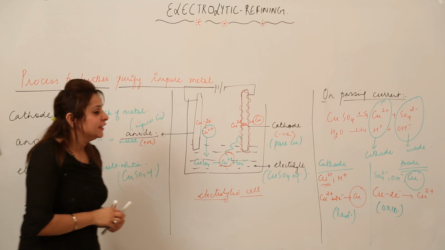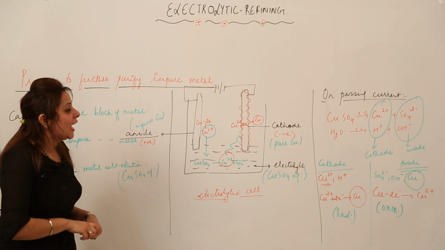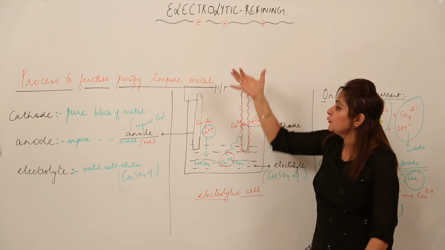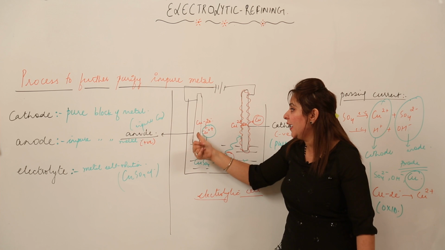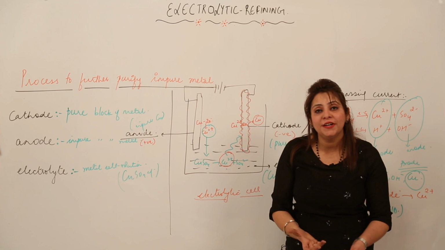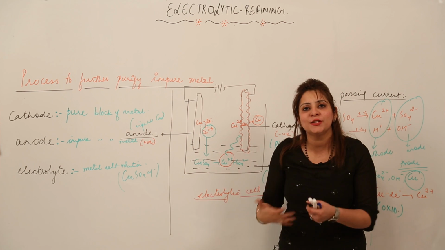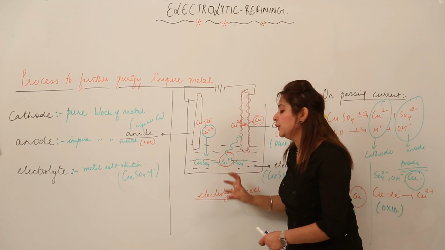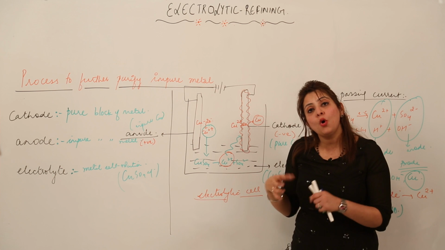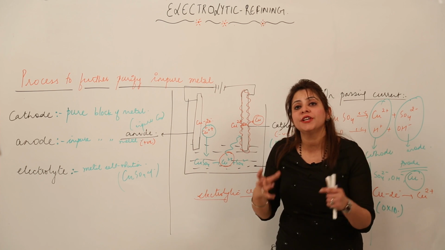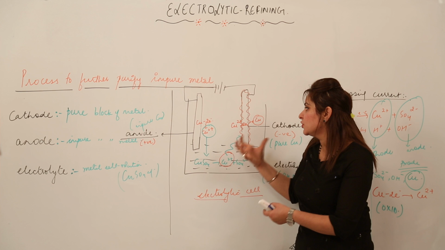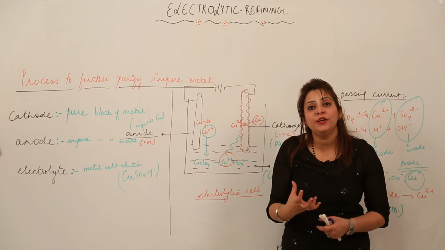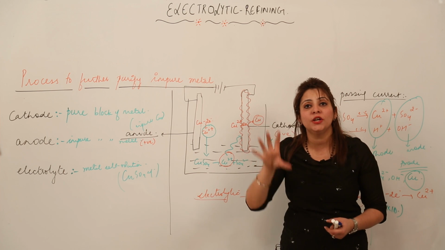Why were we performing this experiment? Because we need to purify the impure block. The anode block starts dissolving because it is converted into ions, and those ions go into the solution, and along with the other Cu2+ ions present in the solution they go to the cathode, where they gain their 2 electrons back and change into copper metal, and that purified layer is coated on the cathode.